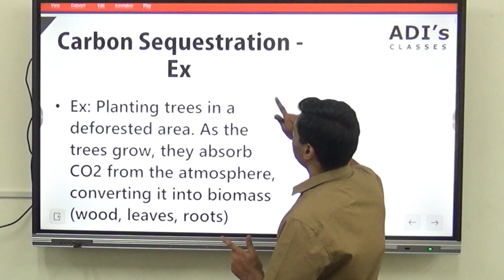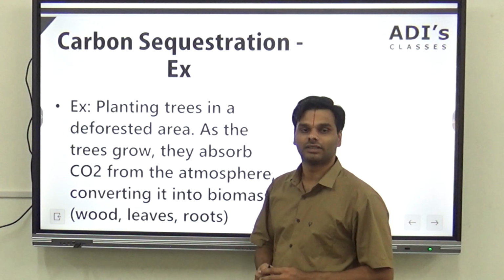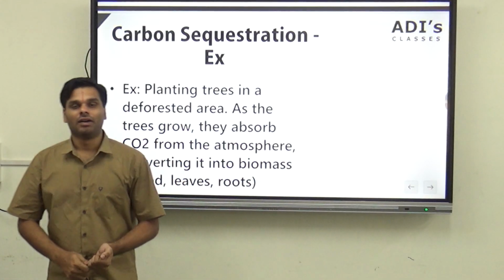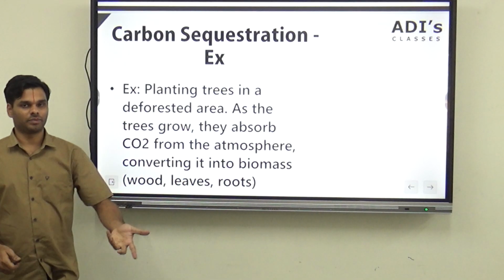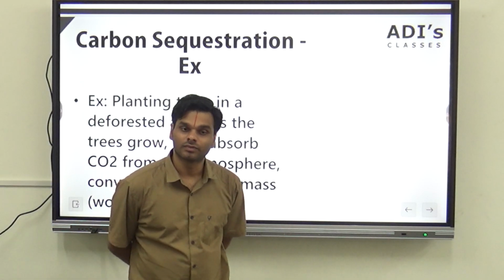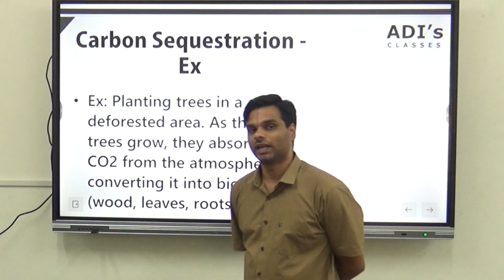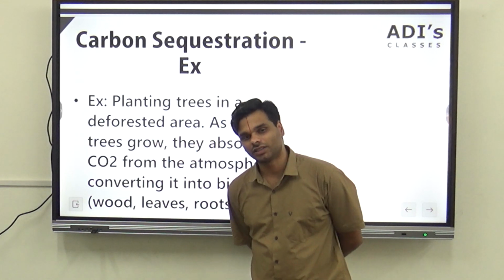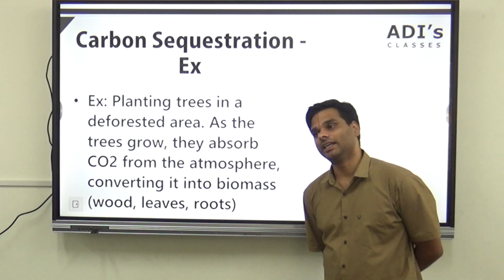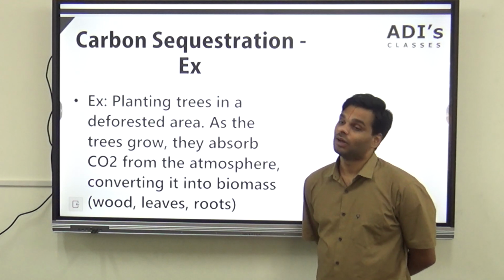What is the example of carbon sequestration? How can we achieve carbon sequestration? Why should we remove excess carbon dioxide from the atmosphere? What is the purpose? Reduce global warming. Carbon dioxide is one of the major causes of global warming. If the content of carbon dioxide is higher, warming happens.